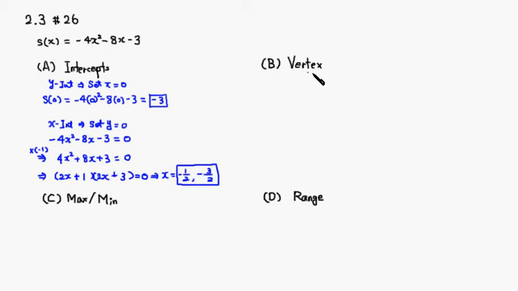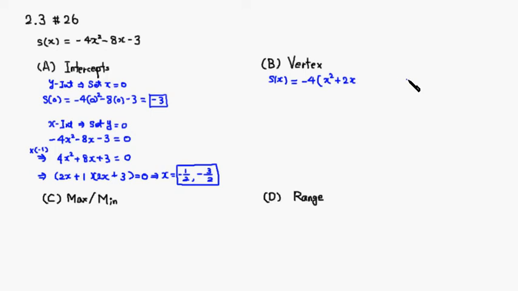All right, so let's do part B. We're looking for the vertex. We're going to complete the square to rewrite s of x in vertex form. So s of x is equal to, remember the first step is to factor out the negative 4 from the first two terms. So you have x squared, and negative 4 is factored out from negative 8x, so it's going to be plus 2x.